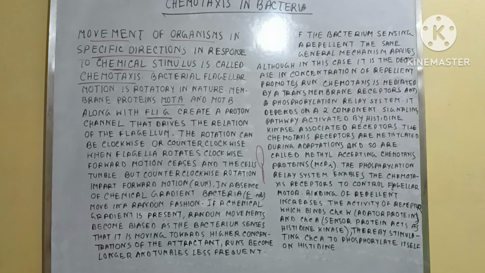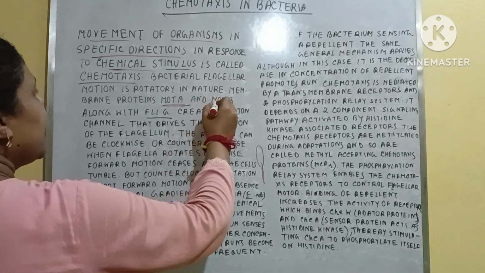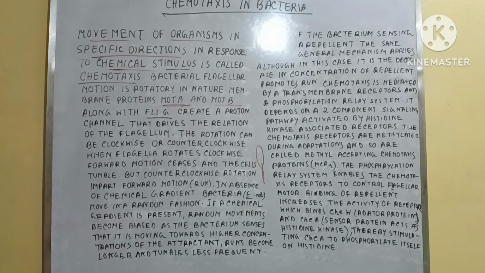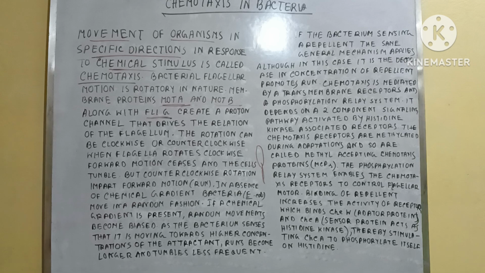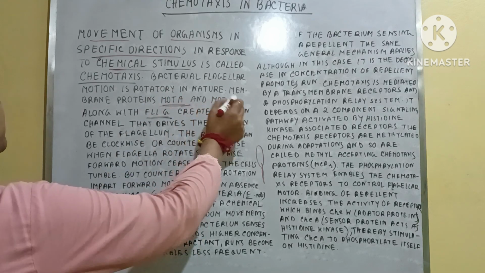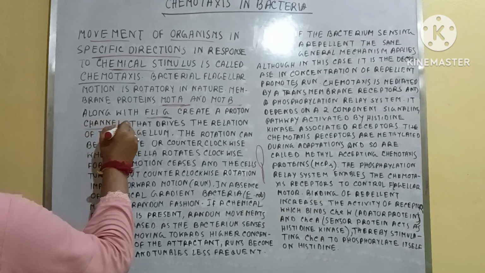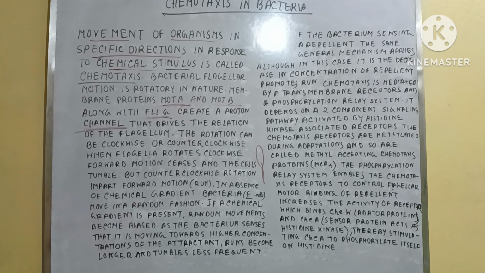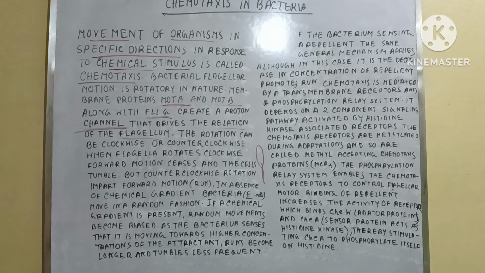And the membrane of the bacteria contains proteins like MotA proteins and MotB proteins. And another is FliG. So MotA, MotB and FliG all together create a proton channel, and that drives the rotation of the flagella.